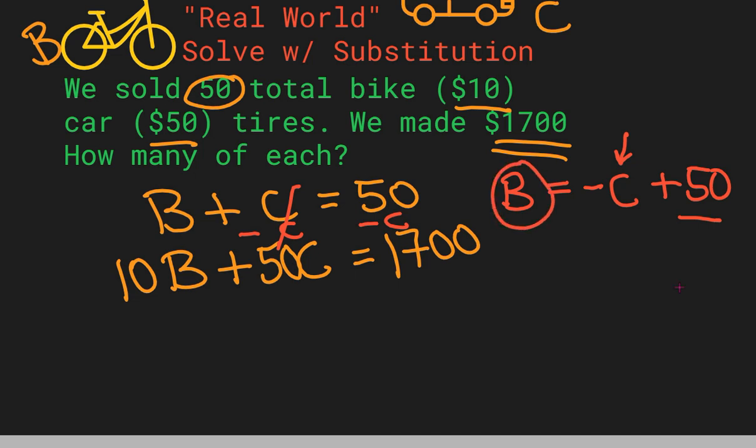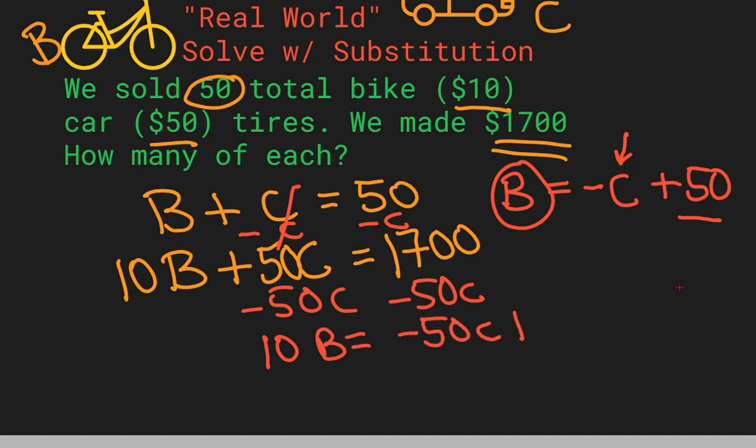That's nice. I'm also going to solve this one for b, because I'm trying to show you something. So I'm going to subtract the 50c from both sides. And that's going to give me 10b equals negative 50c plus 1,700.